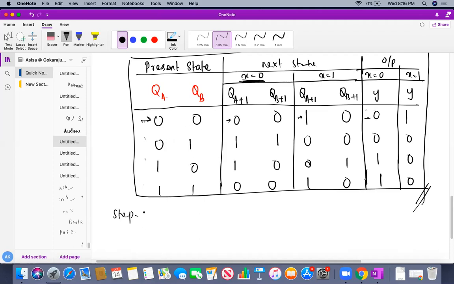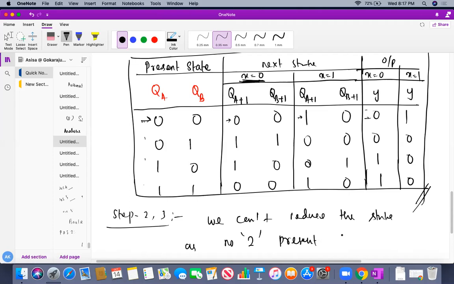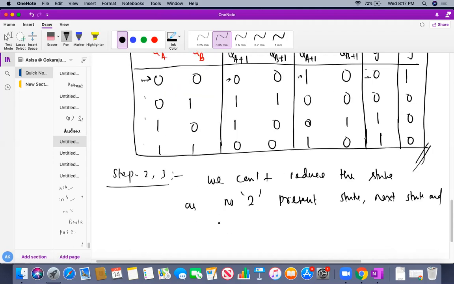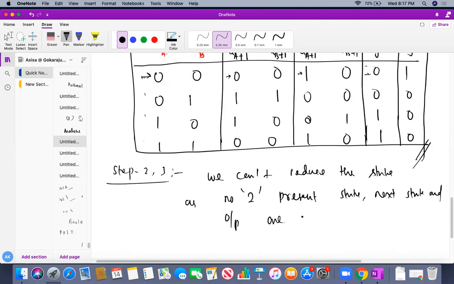Step 2 says reduce the number of states if possible. We cannot do that, because there are no two present states whose next state and output are the same.